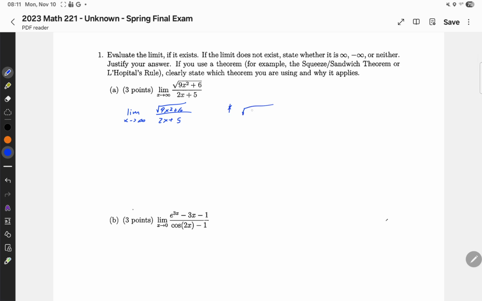So if we take this fraction right here, 9x squared plus 6 all over 2x plus 5, and we multiply both above and below by 1 over x, this is going to cancel really nicely. The 1 over x is going to go inside this radical, and it's going to turn into 1 over x squared times 9x squared plus 6.